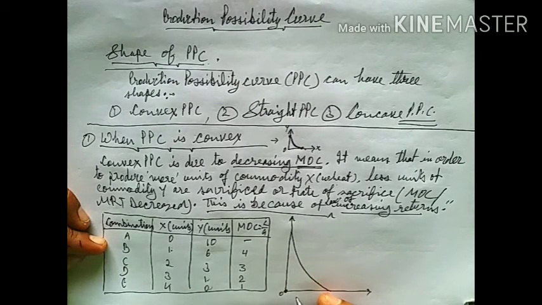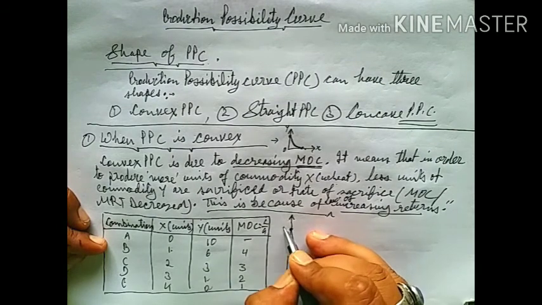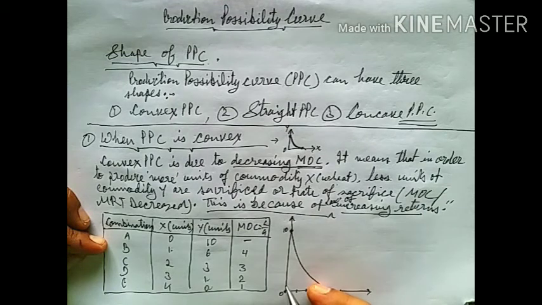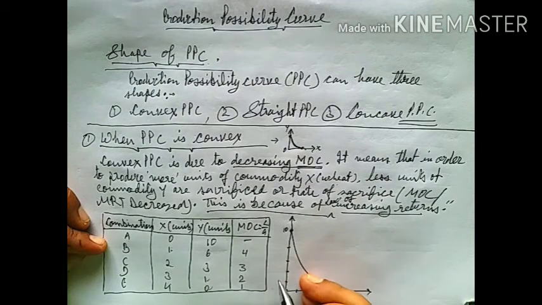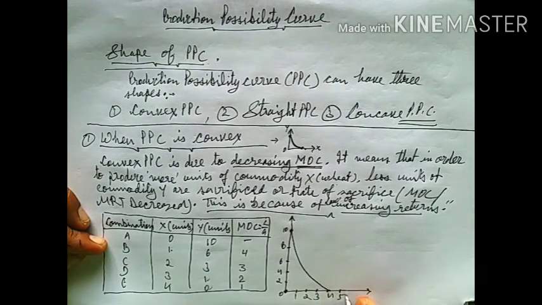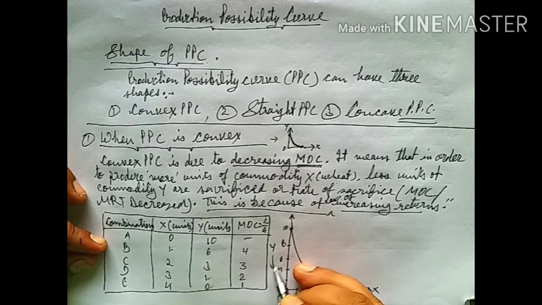On the x-axis we are indicating good X, that is wheat, and on the y-axis good Y is indicated, that is cotton.